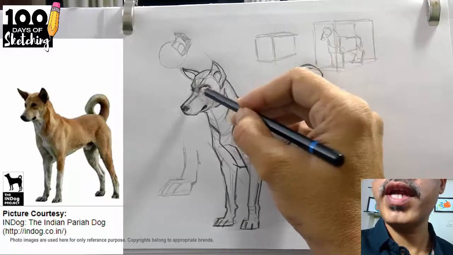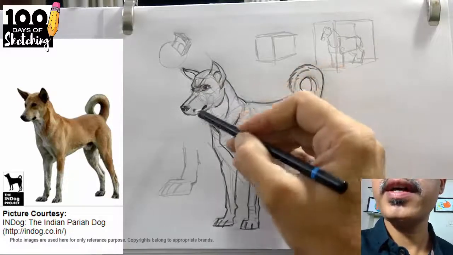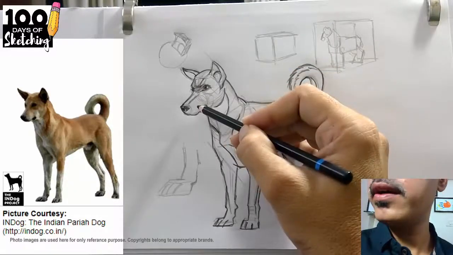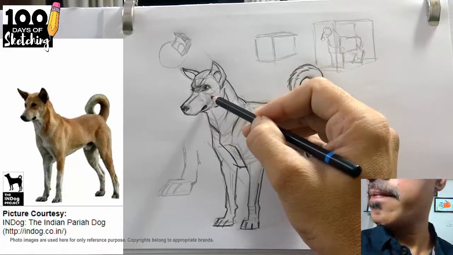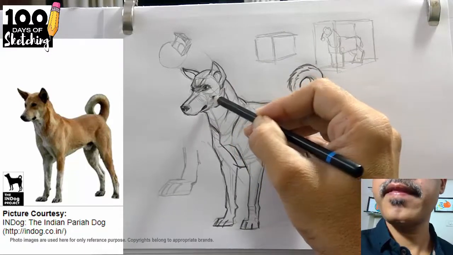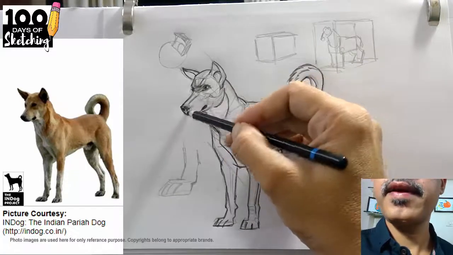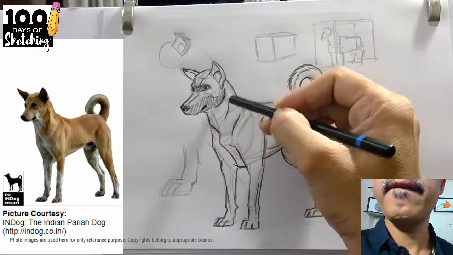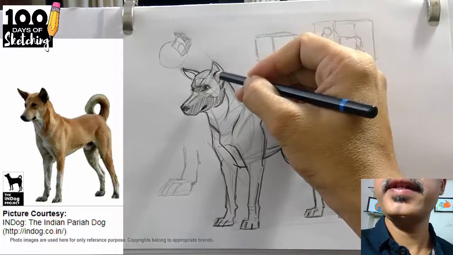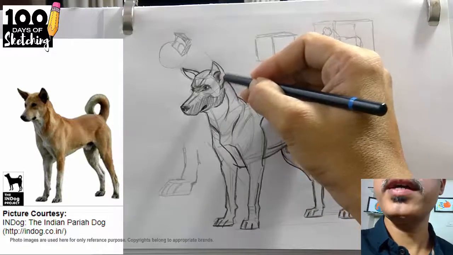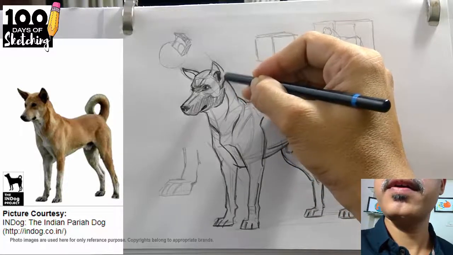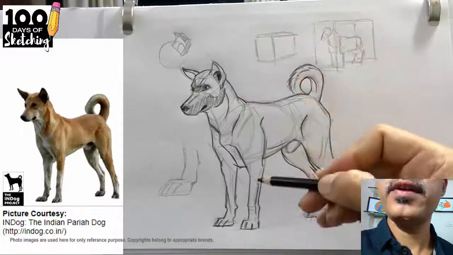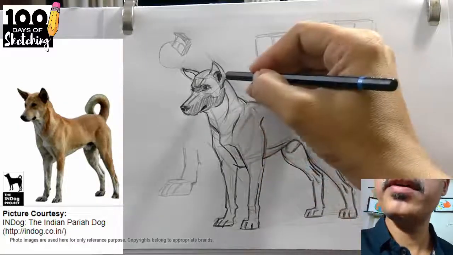So this is the shadow, this is the portion where it is dark, and this side area is the shading part. Again, this portion will be darker to show the depth of the ear.